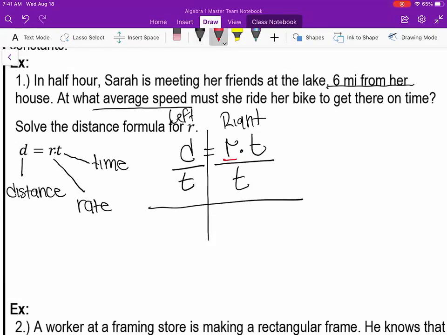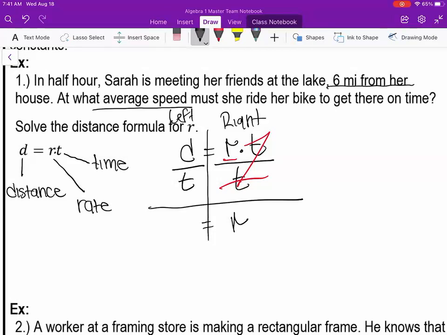And let's just go ahead and do math. What's going to happen to the T's? Well, T divided by T is the same number divided by the same number, and when we do that, remember, we get a 1. So that just technically cancels. Well, what are we left with? On the right side, we're left with R because the T cancels.